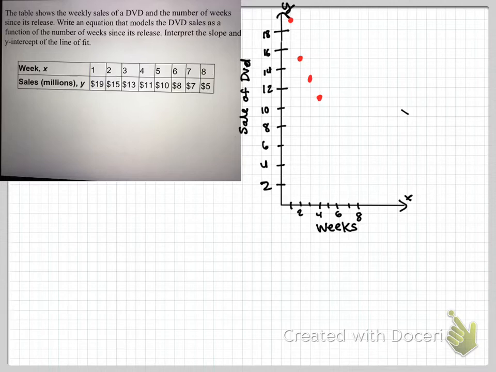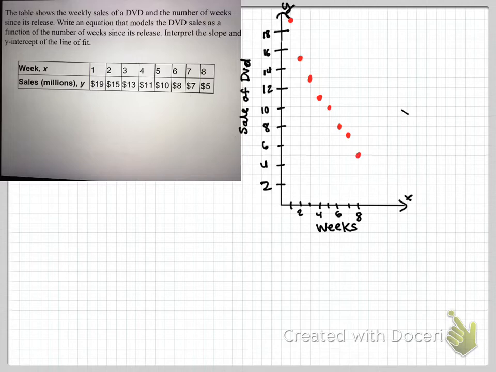And then 5 is 10. And 6 is 8. And 7 is 7. And then we have 8 is 5.